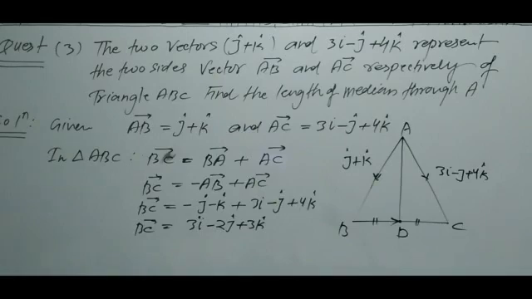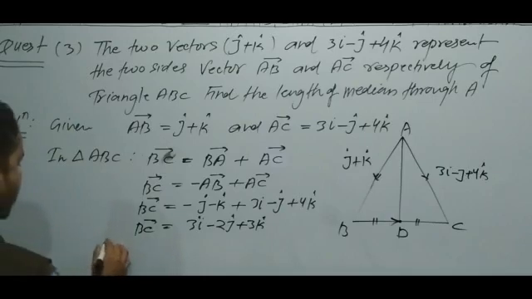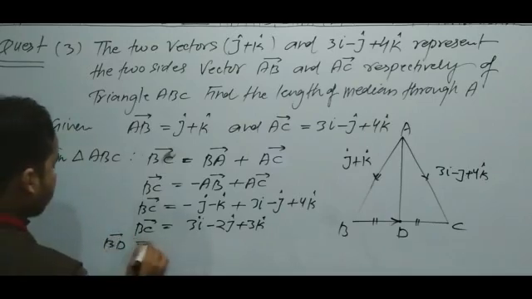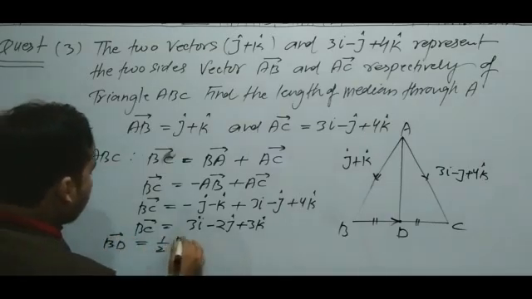BD is equal to 1 by 2 of BC, so BD vector is 1 by 2 of BC vector.